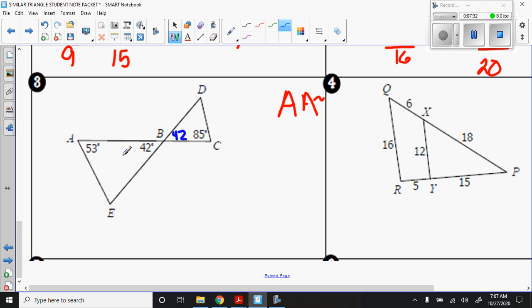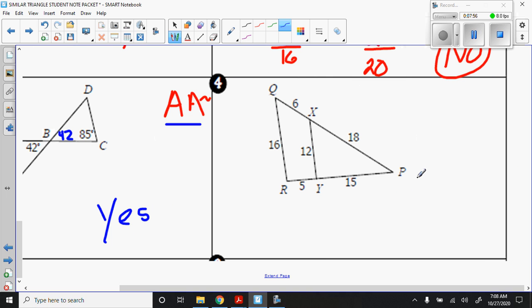So let me do 180 minus these 2. And that does come out to 85. And these are similar because they both have 2 congruent angles. Similar triangles have congruent angles. So this is good.